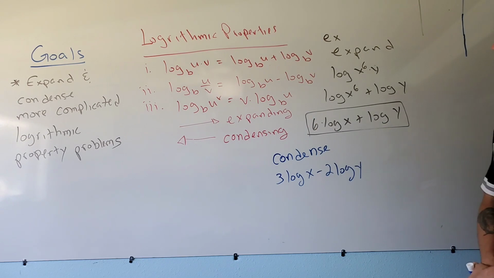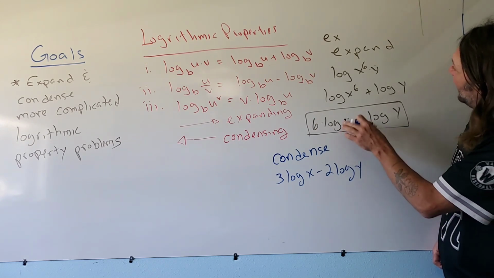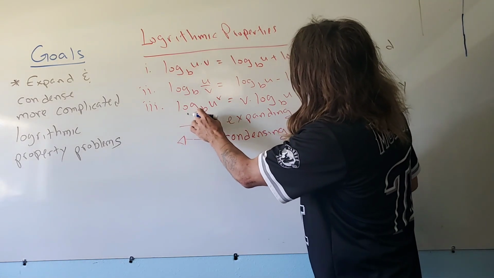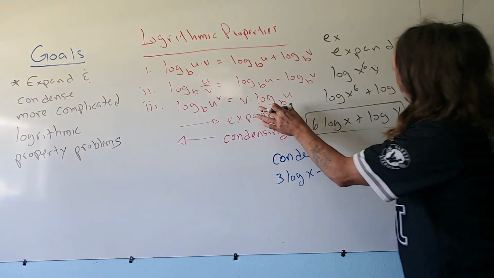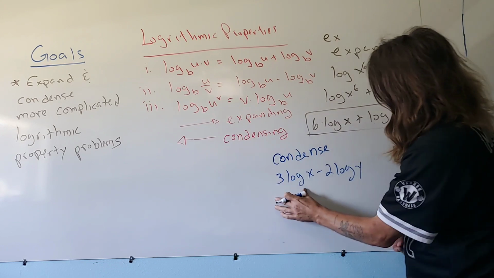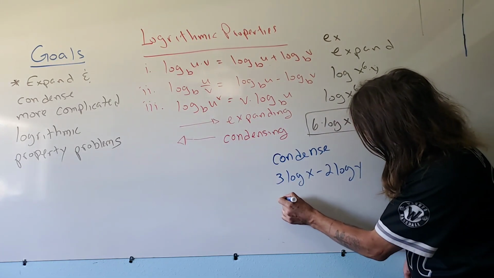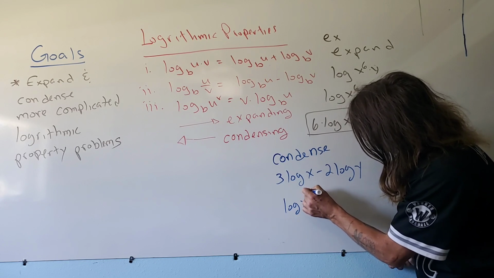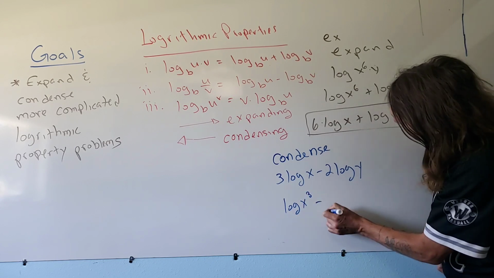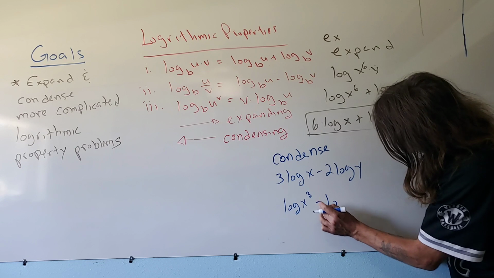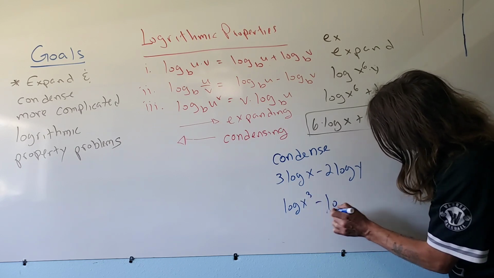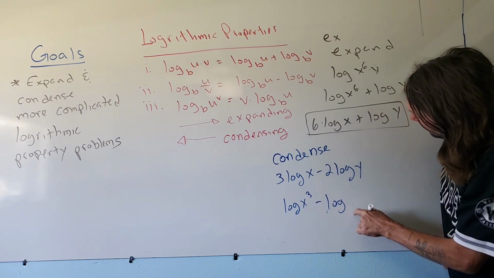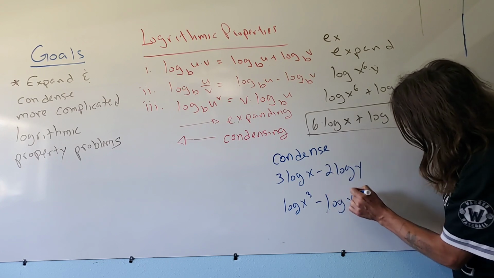Alright, so let's just work backwards here. Since we ended with this property, let's start with this property. So I'm going to turn this into this for both of these. So here now I'm going to have log base 10 of x to the 3rd power minus log base 10 of y to the 2nd power.